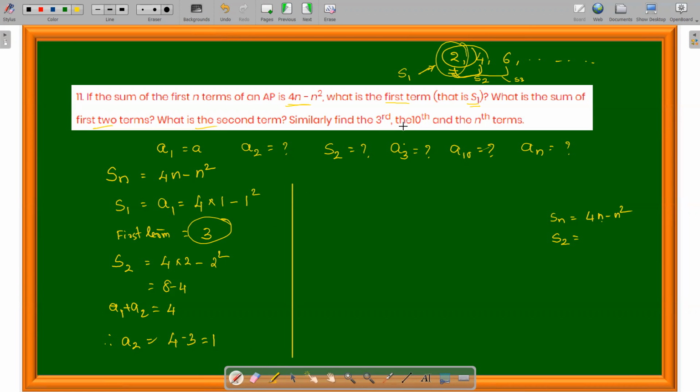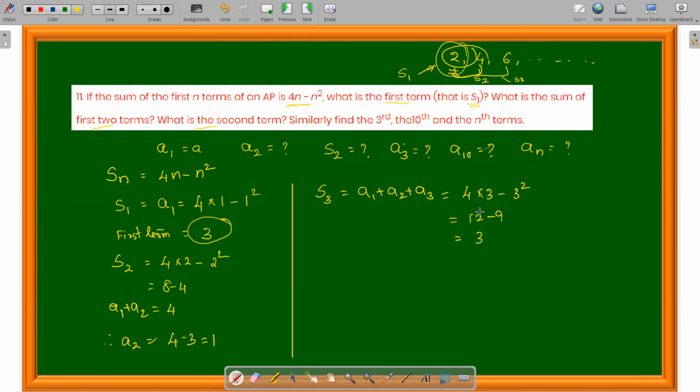Now how can we find out the third term? Simply S3. S3 means we can write a1 plus a2 plus a3, the sum of all three terms. How will we get it? Simply writing here only. Instead of n, we can use 3 there. 4 into 3 minus 3 square. 12 minus 9, it is 3 again.